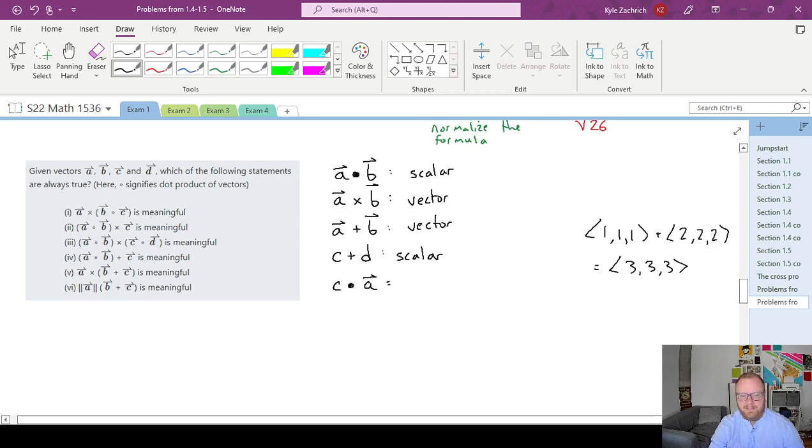If it's C dotted with A, you say this is nonsense. You can't take a scalar and dot it with a vector. A dot product is between two vectors. If I want to say this though, that's totally fine: C multiplied by A. That's like 5 times 1, 2, 3. That gives us a vector.